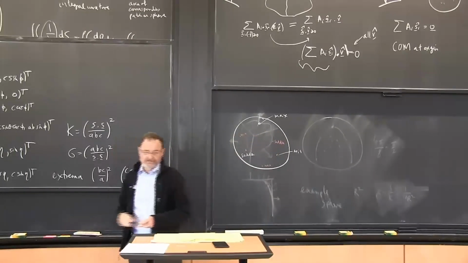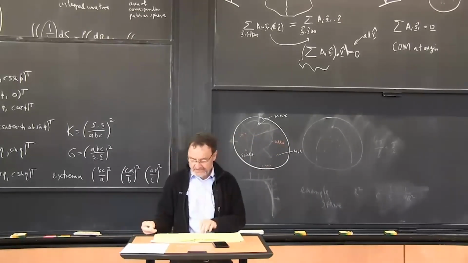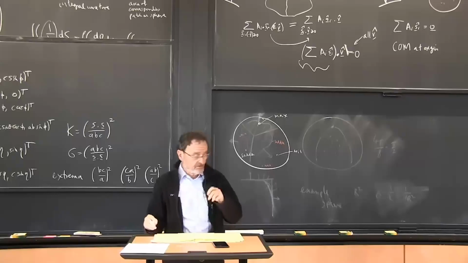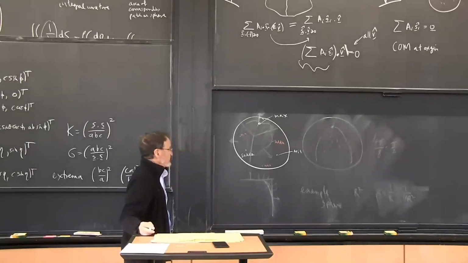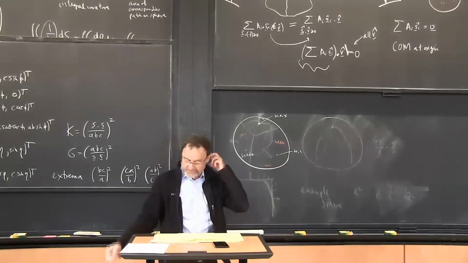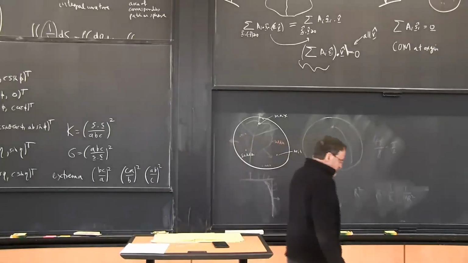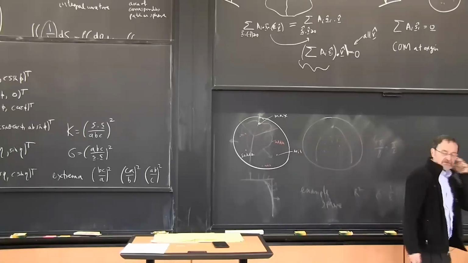And there are some theorems that may seem intuitively obvious that tell you that you can't have maxima and minima on the sphere without having a saddle point. So it's not too surprising that we have that.